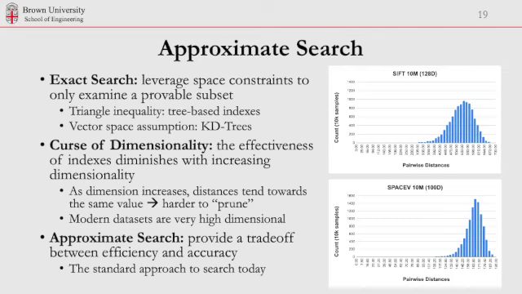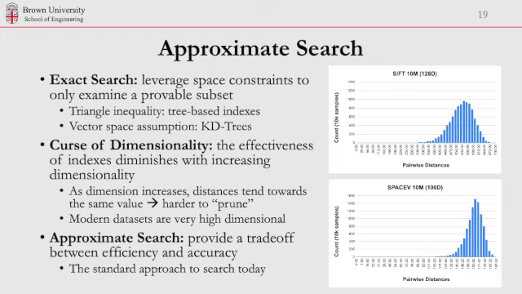If we look at the plots on the right, for the SIFT1M data set on top, the pairwise distances are spread out. As you go to the SPACEV data set below, the pairwise distances are more condensed together. And when they're condensed, it's hard to differentiate points. It's hard to prune out points.